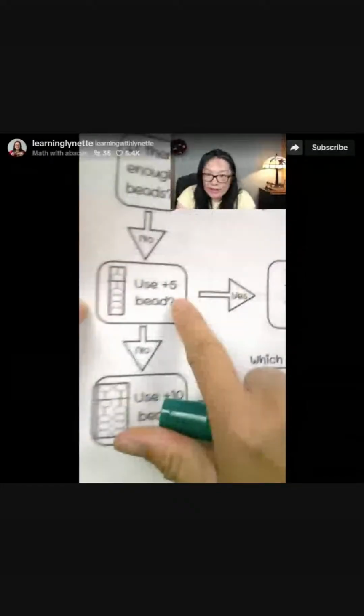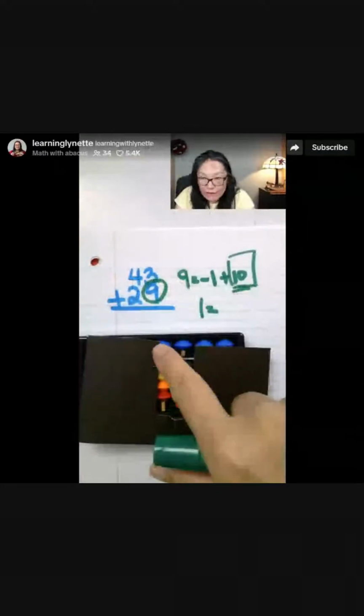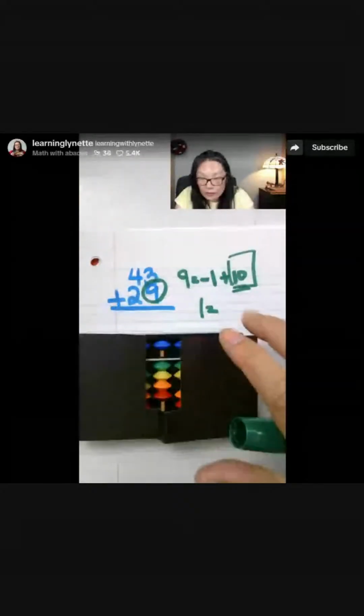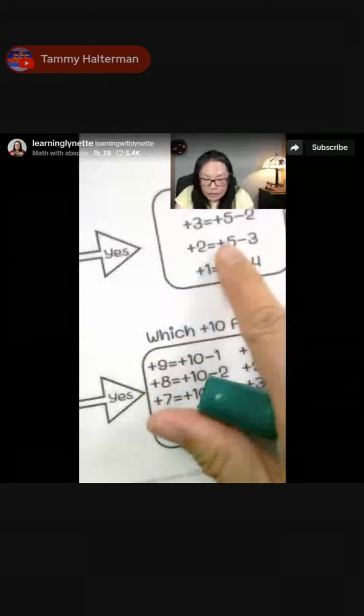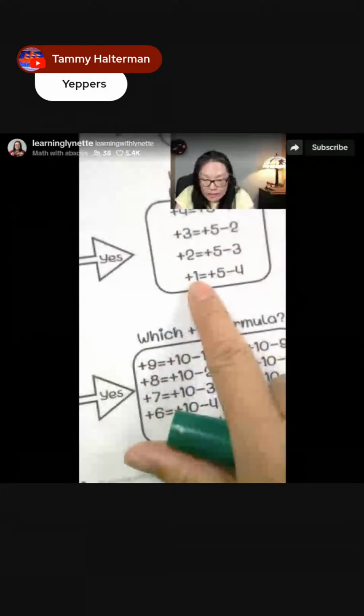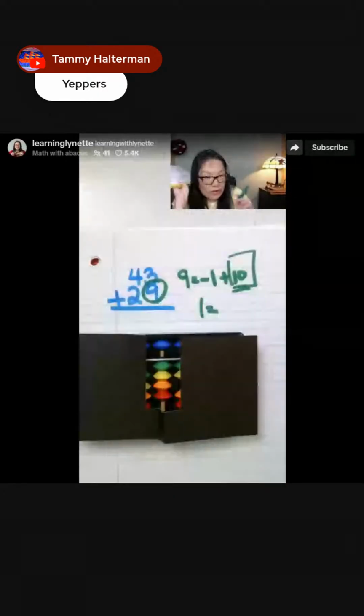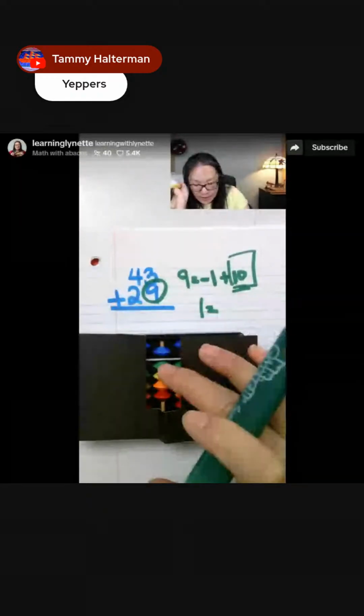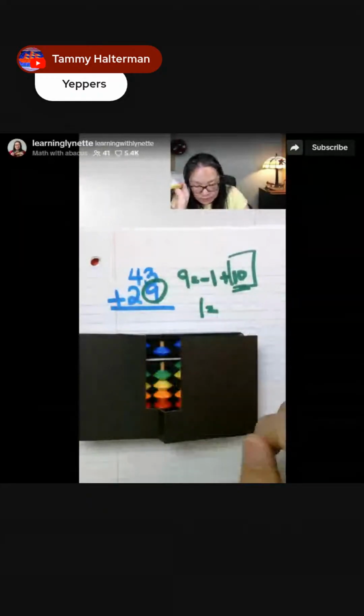So I'm going to plus the 1 is what? Plus the 5 minus 4. So thank you, Temmie. So I'm going to plus the 5 minus the 4. Now I'm here. I add the 2. So my final answer is 72.